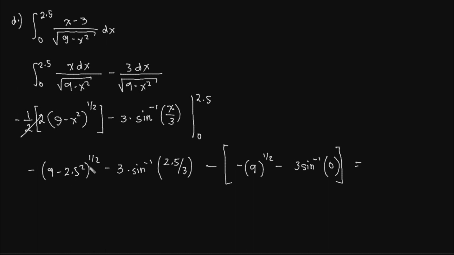Now if you try to evaluate this, I'll be evaluating the answers here muna. Now you should always be using your radian mode, and the first answer for this term obtained from 2.5 would be negative 4.6136. Okay, and then I'll store the value. And then for this second term, we have negative 9 raised to 0.5 or positive 3 minus the inverse sine of 0.